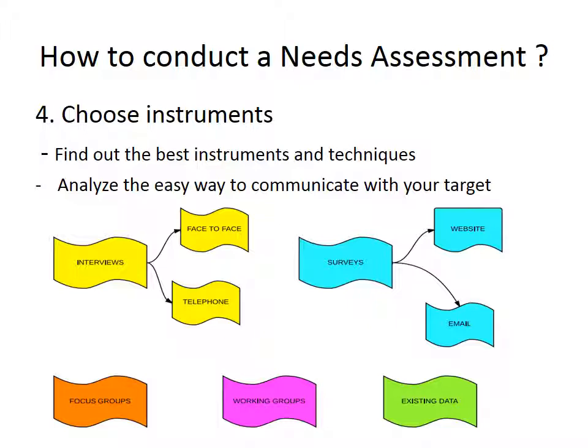Another technique you may use is analyzing already existing data, such as past studies. Learning from failures and successes from the past can help you to improve your needs assessment. Moreover, gathering historical background on the target group can help you to learn effective strategies to obtain deep information.